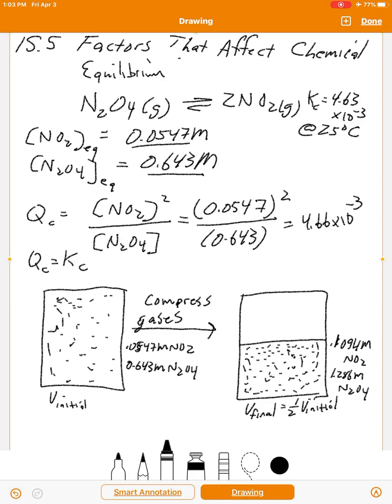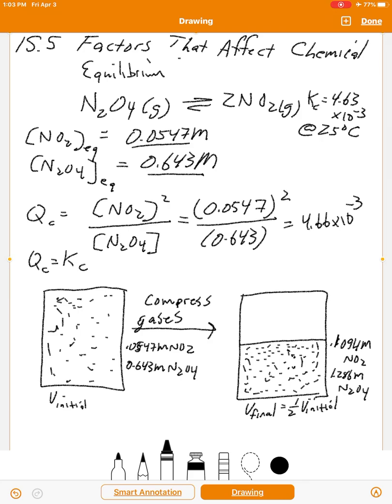And now the question is, do we think we might still be at equilibrium? If we change this volume to half of what it was, are we at equilibrium? The solution to that question is to check these new concentrations. Do those new concentrations give us 4.63 or 4.66 times 10 to the minus 3?